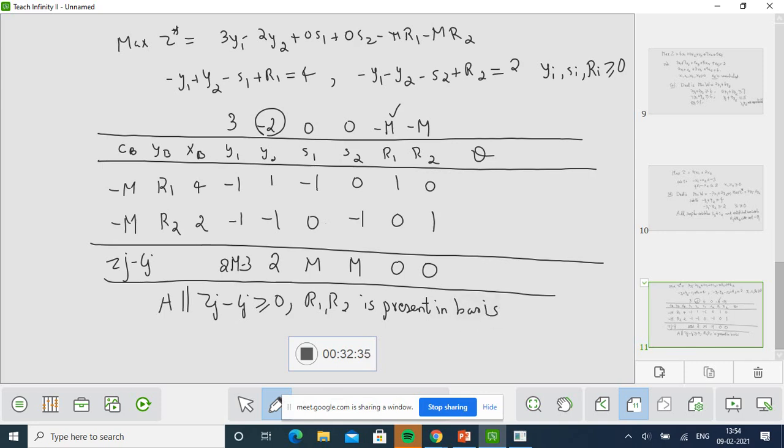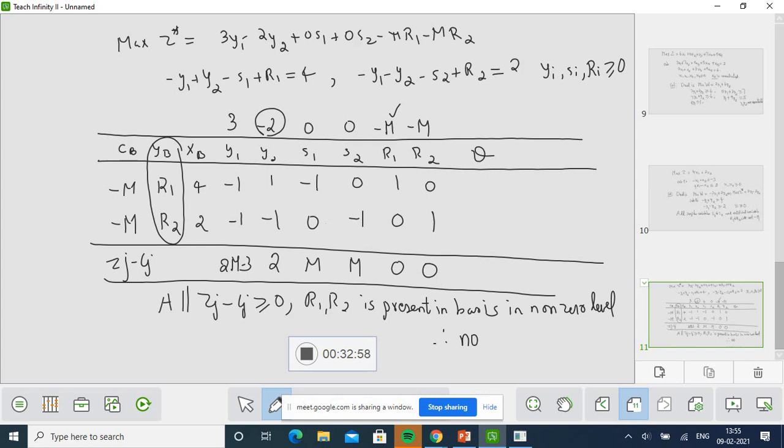It is there in our YB. Since it is there in YB, we say it is present in the basis at non-zero level. Therefore, what can I say? There is no basic feasible solution.